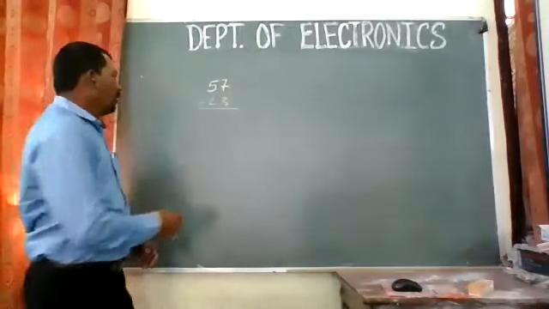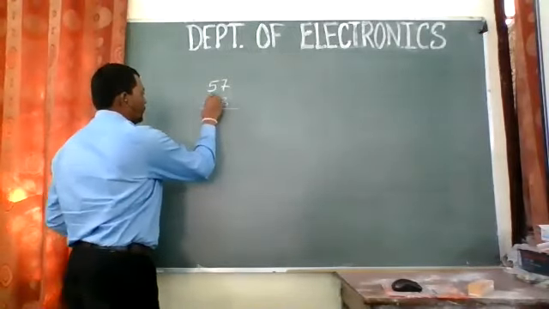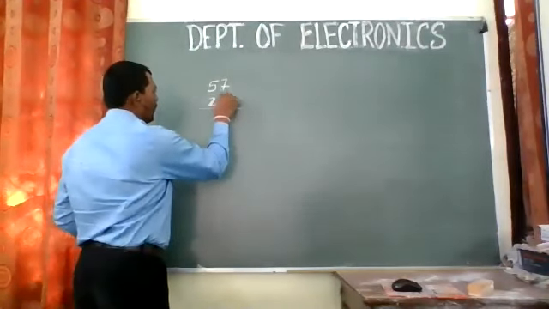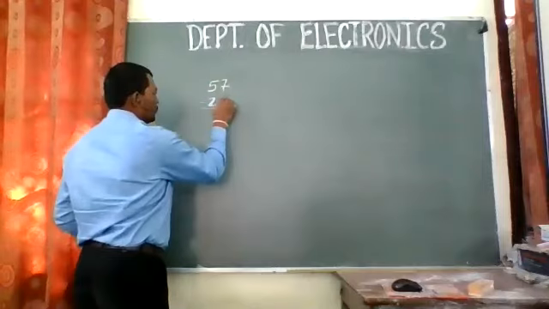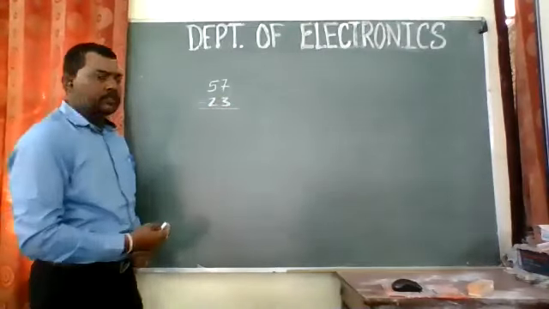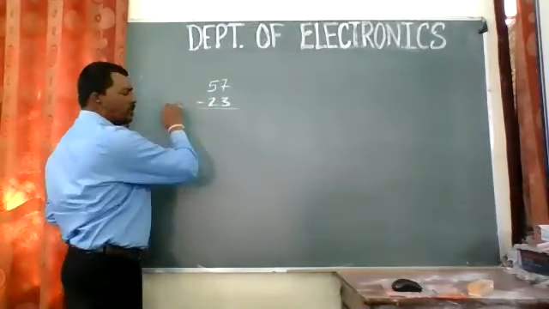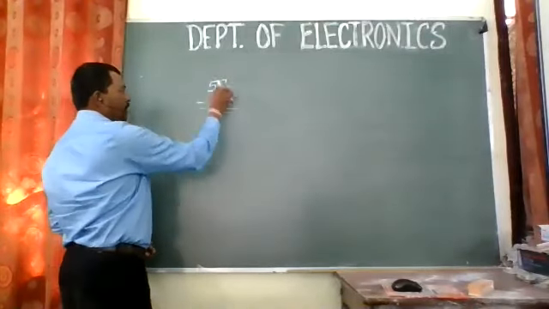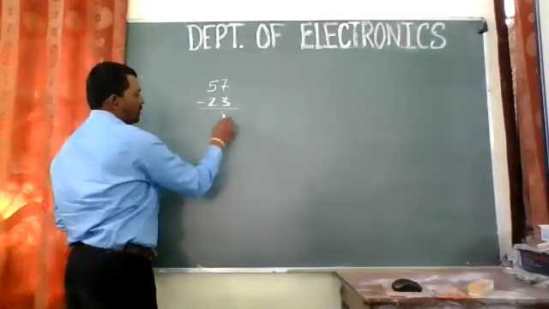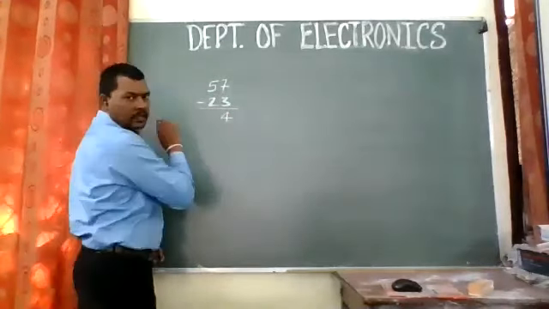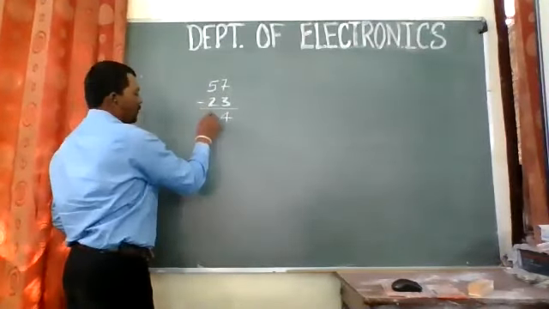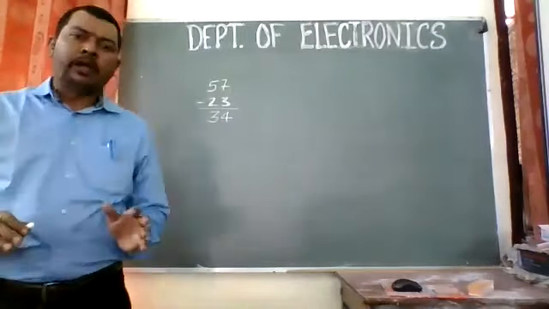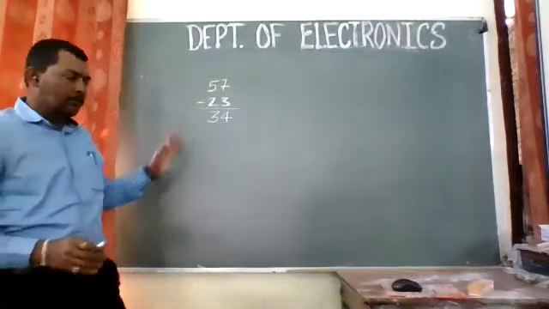I'm showing you how we can subtract a number by addition. This is the simplest problem that we are trying over here. So 7 minus 3 will give you 4, and 5 minus 2 will give you 3, so 34. This is what we generally do while we do subtraction of decimal numbers.